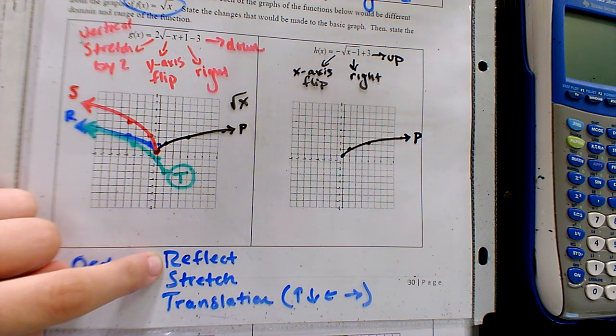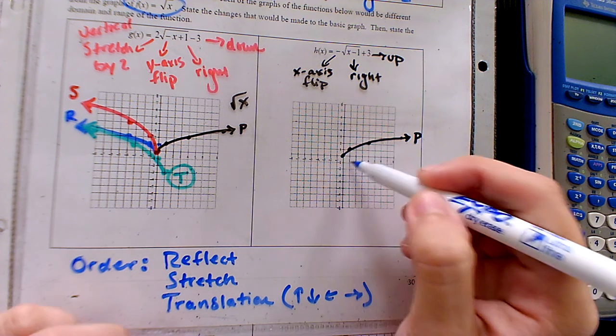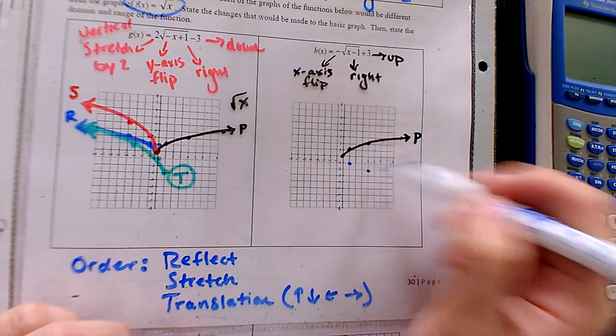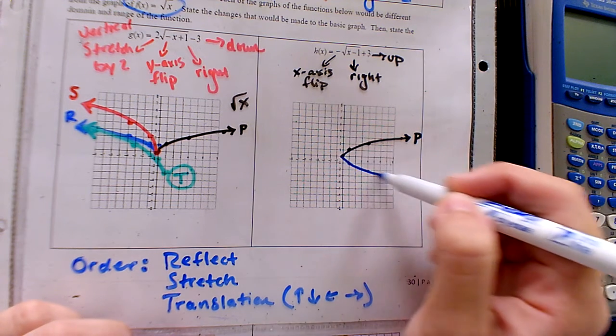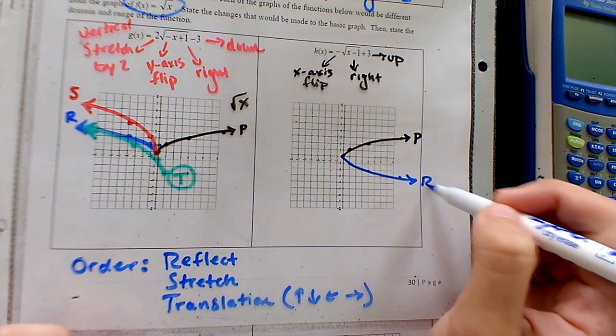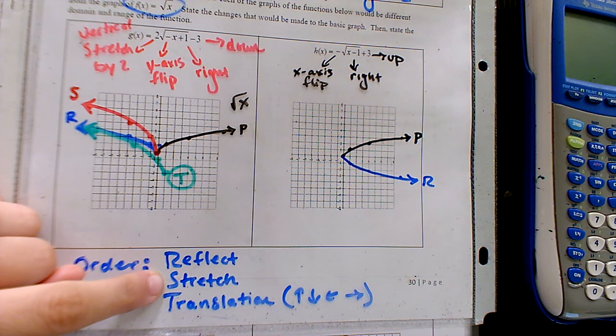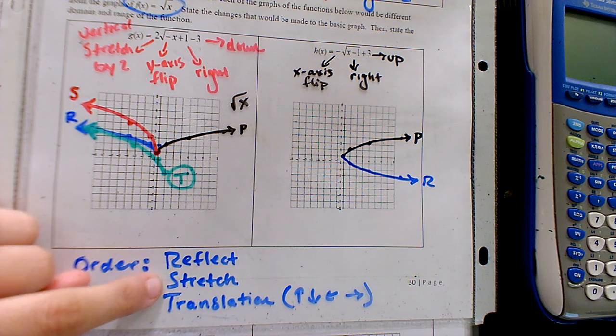We got to flip all of those beginning points over the x-axis, meaning upside down. All right, so we'll get that blue graph and we'll label that R for reflection. It looks like we didn't label any stretches, right? No vertical stretch. So that's nice. That's one less thing we have to do.